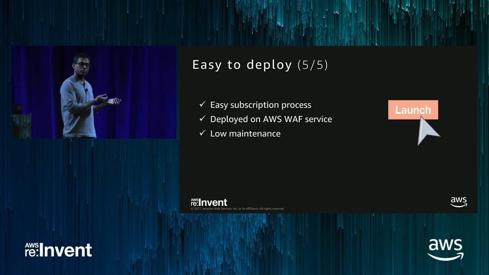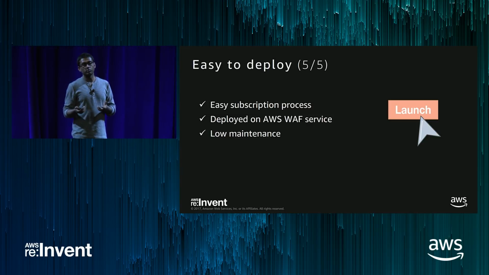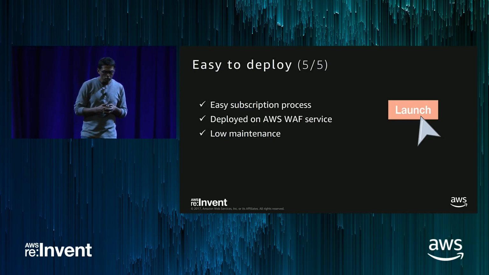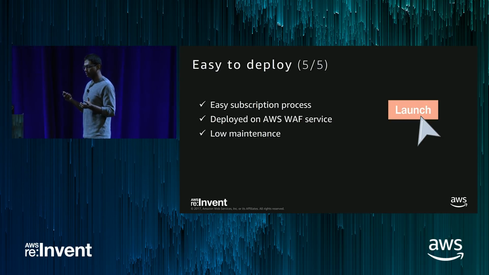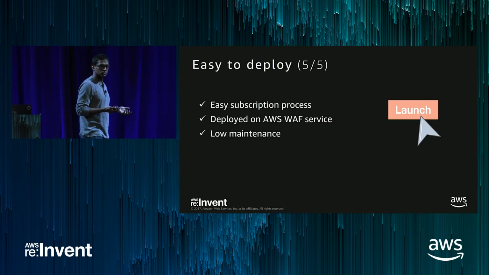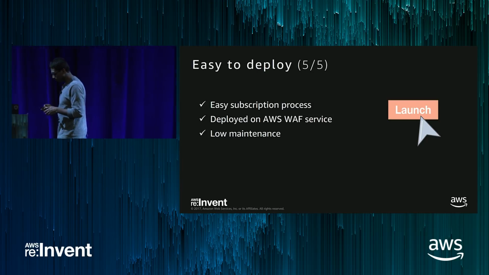Even though the rules are coming from sellers, they've transformed those rules to AWS WAF language, so it's written in a native format. The fact that the managed rules run on a very managed platform makes it an extremely low maintenance solution, both on the rule side as well as the platform side.